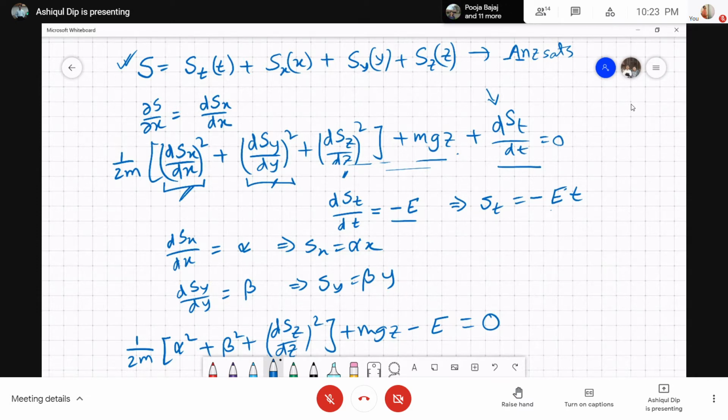If this part depended on x explicitly, then changing x a little bit would change dSx over dx, but the other part would remain the same. So the only possibility we are left with is that dSx over dx has to be a constant.